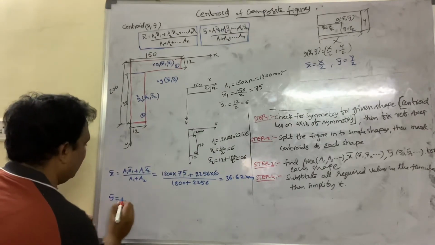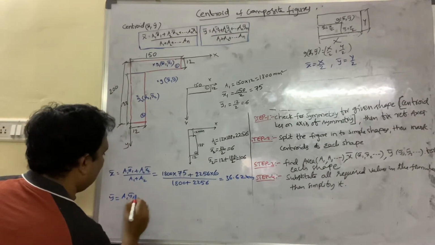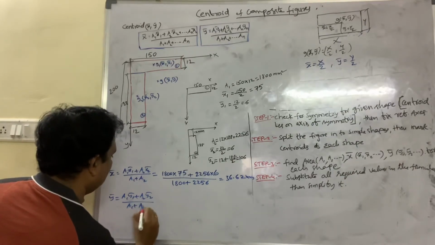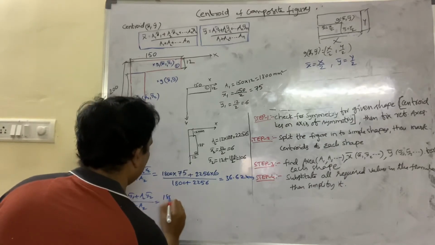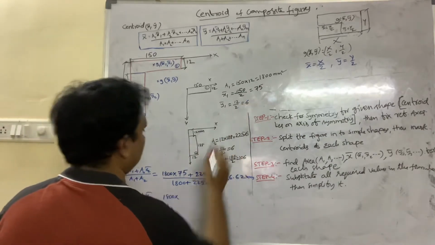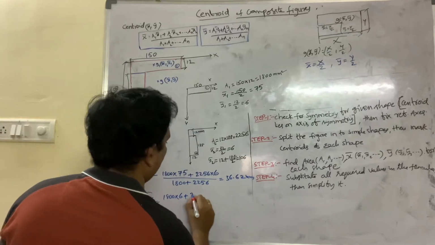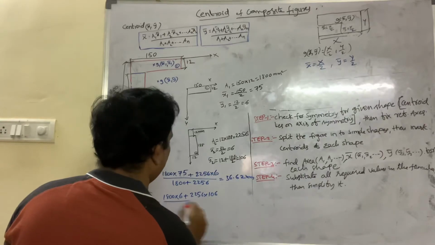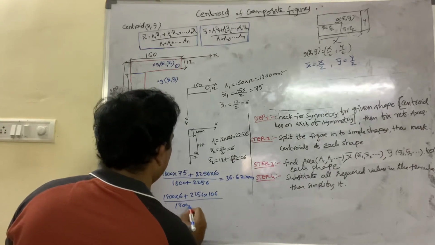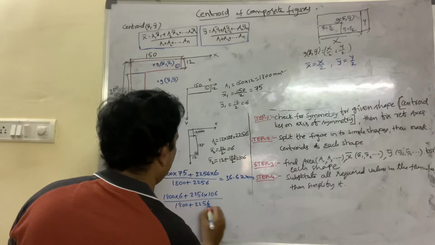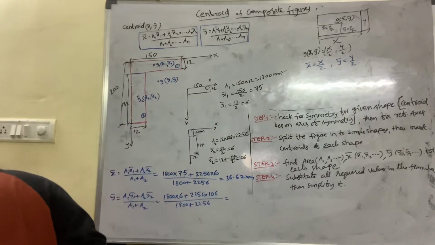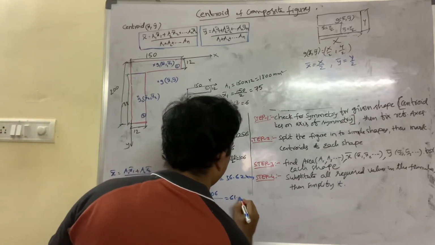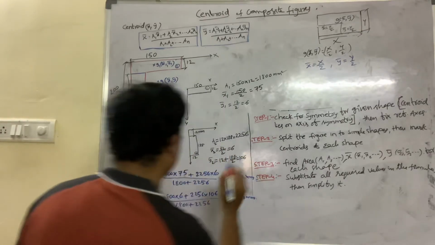Similarly, what is y bar? a1 y1 bar plus a2 y2 bar by a1 plus a2, which equals 1800 into 6 plus 2256 into 106 by 1800 plus 2256, which equals 61.62 mm.